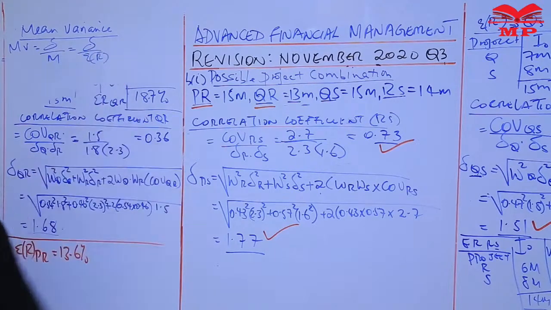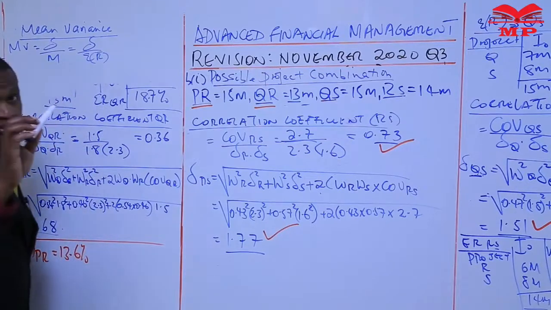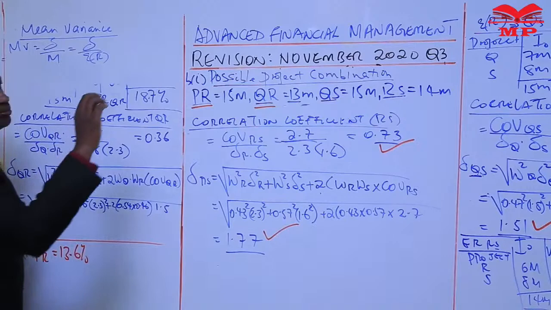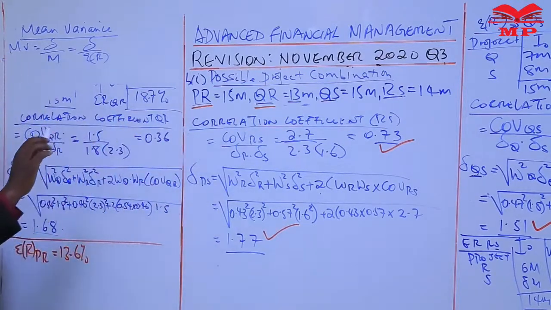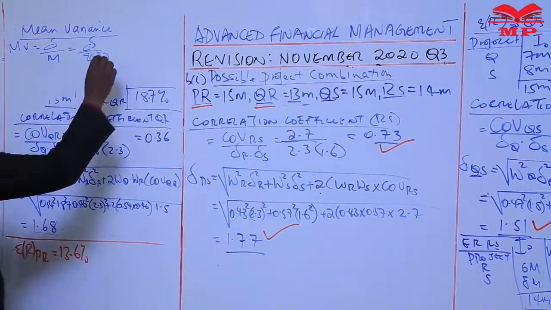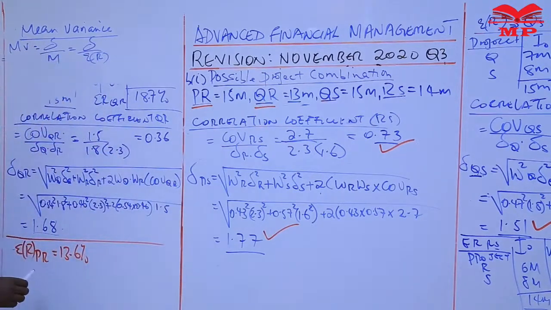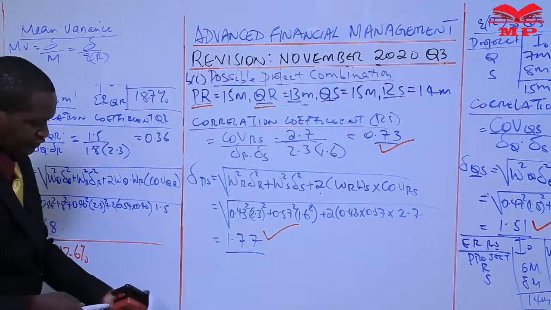We have done the standard deviation for each portfolio, and for each combination of projects we've calculated the expected return. So we want to determine the mean variance for each portfolio.